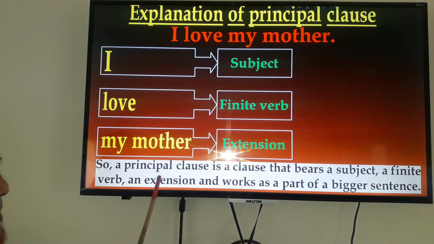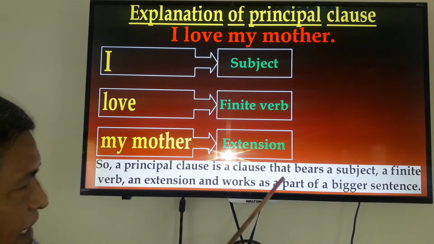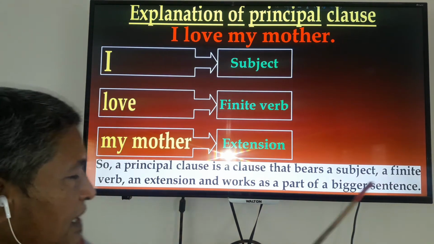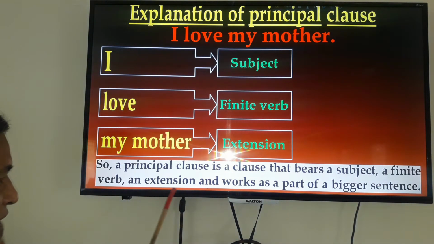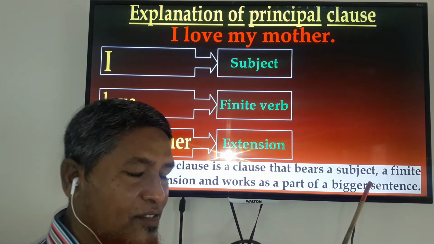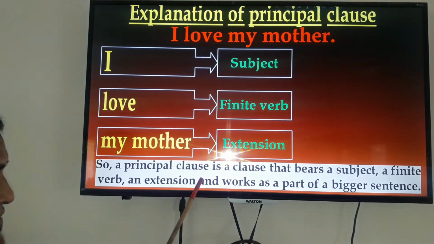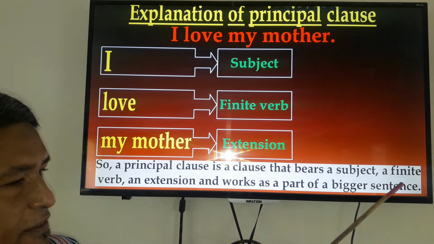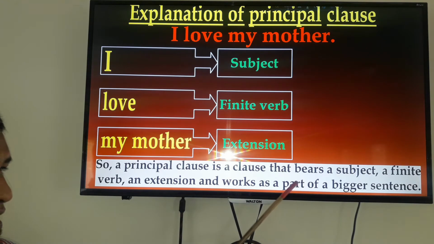So a principal clause is a clause that bears a subject, a finite verb, an extension, and works as a part of a bigger sentence. It is mandatory to have a subject and a finite verb. Without this, a clause cannot be formed.